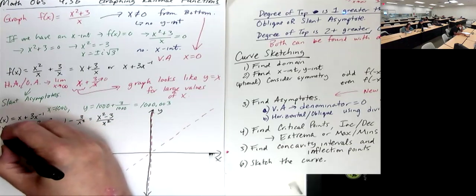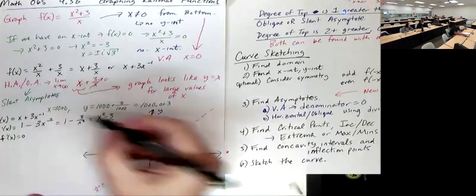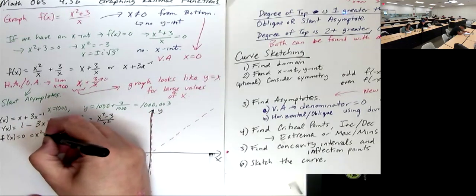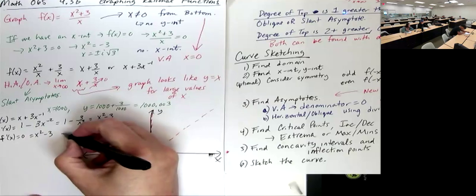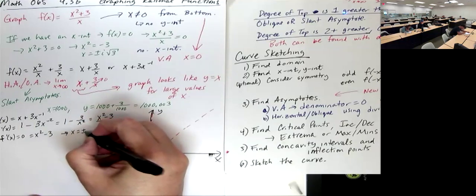So f prime of x equals 0 when the numerator equals 0, and we're gonna get x equals plus or minus the square root of 3.